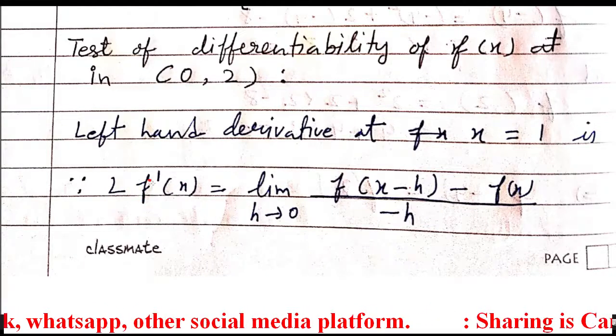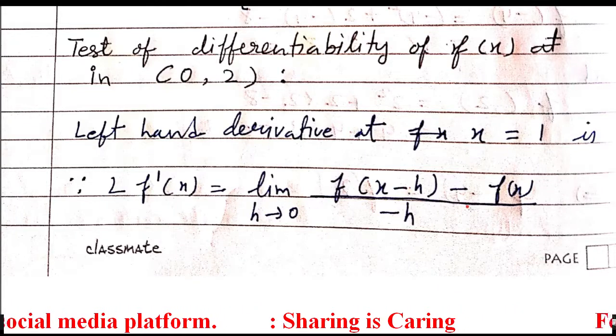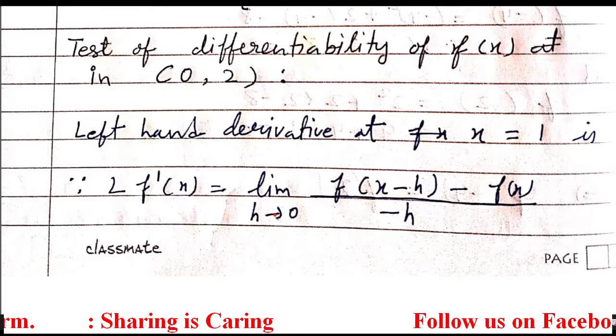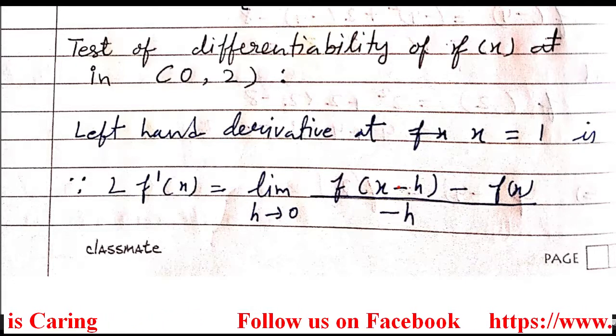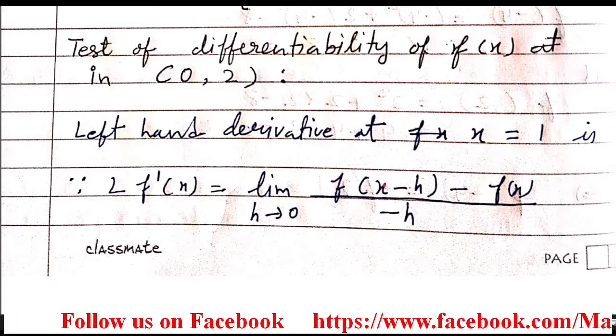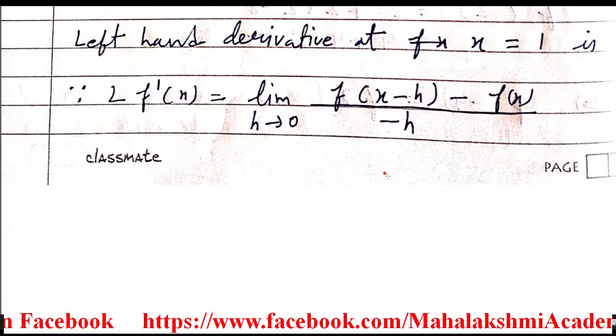The formula is f(1 minus h) minus f(1) upon minus h, as h tends to 0, where we use x less than 1.